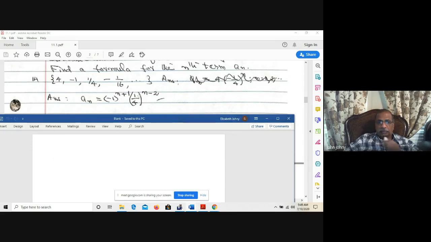You simply substitute n is equal to 1. When you substitute n is equal to 1, what do you get? 1/4 to the power of 1 minus 2, 1/4 to the negative 1, which is 4. When you substitute n is equal to 2, 1/4 to the power of 2 minus 2, that is 1/4 to the 0, which is 1, but negative 1 to the 2 plus 1 is negative 1 to the 3, which is negative.